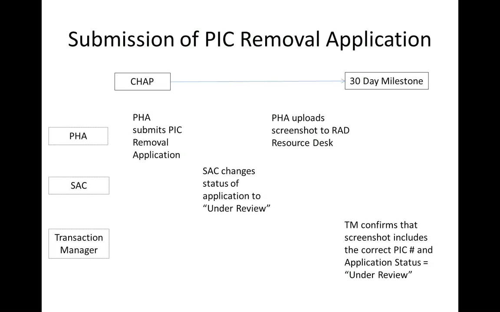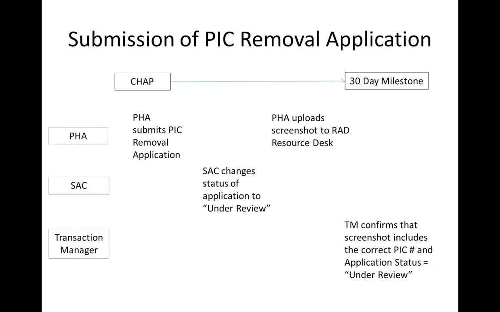So the PHA, when they're awarded a CHAP, and this has been going on for months, is informed to go ahead and submit a PIC removal application. Here are the instructions. They're asked to do that within 30 days.